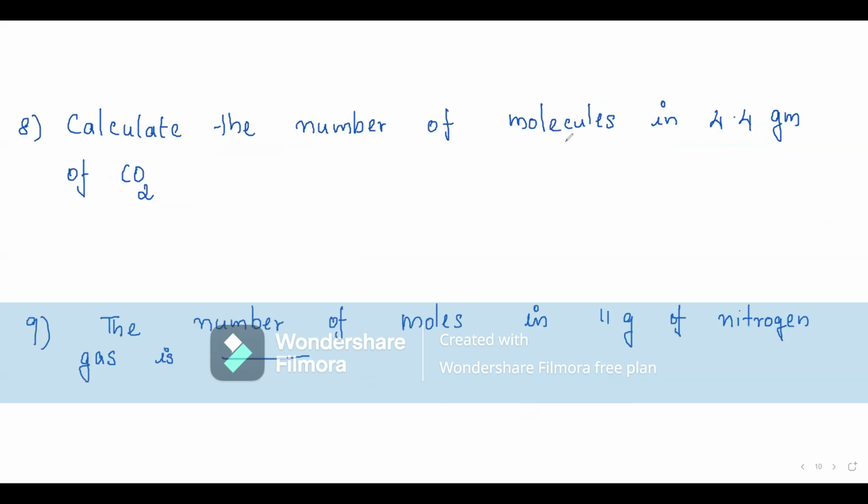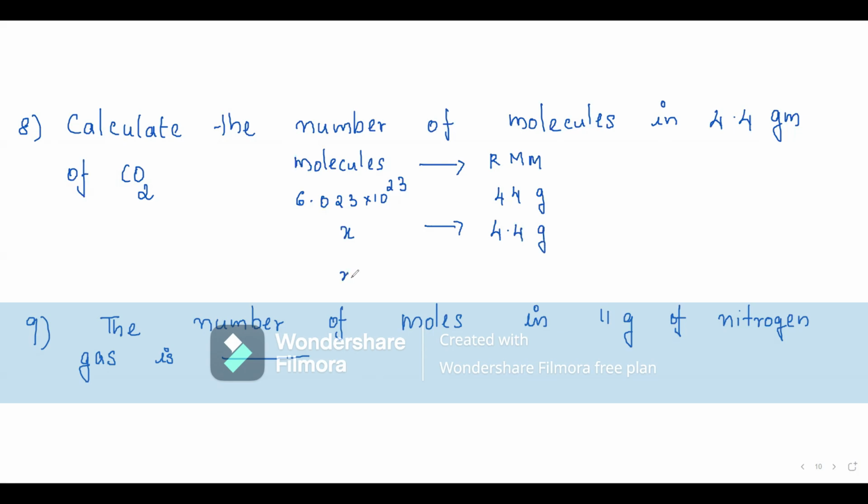Calculate the number of molecules. So the relation here is connecting molecules with the RMM. RMM of carbon dioxide, I know 44 gram. 44 gram is 6.023 10 to the power 23. Now, calculate the number of molecules. X molecules are present in 4.4 gram.